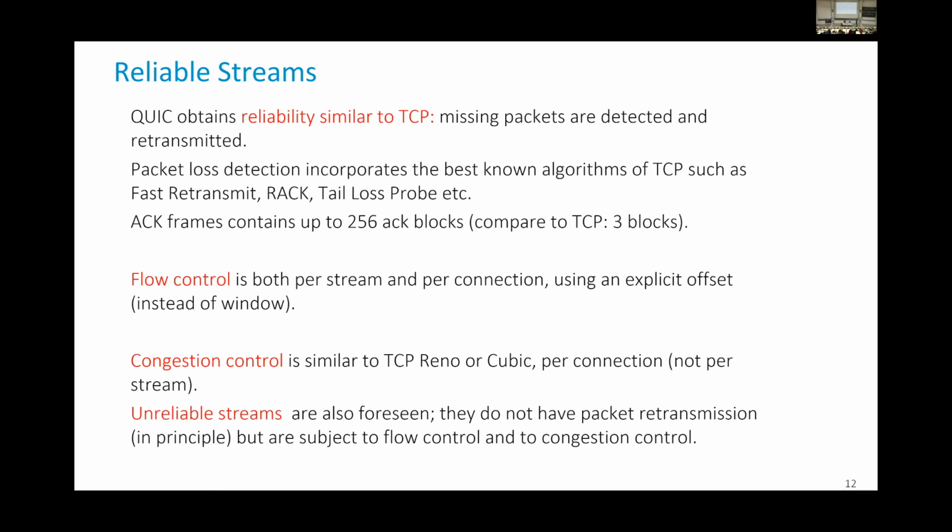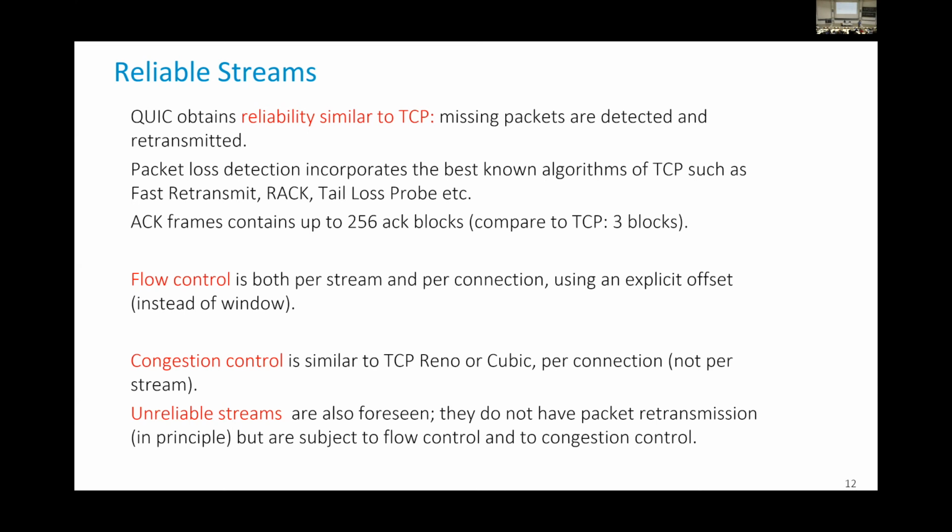Unreliable streams means, if you use it for example to do a DNS request, you send a message to a DNS server and you would like a reply. You don't want reliability at the transport layer, because the DNS resolver expects an answer. If the answer doesn't come, you will detect that, you don't know why it doesn't come, but you will ask again.